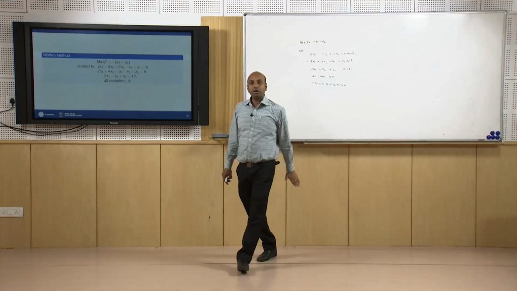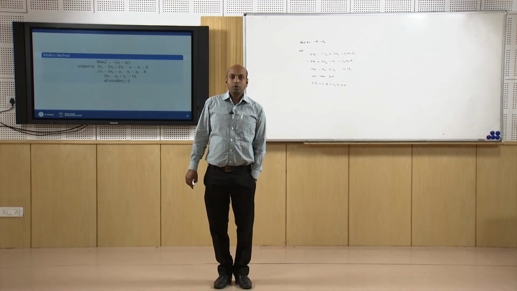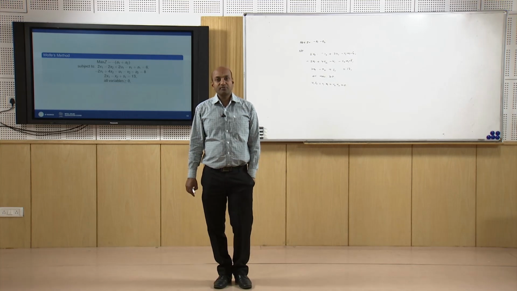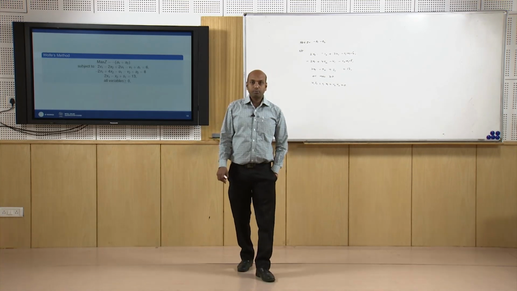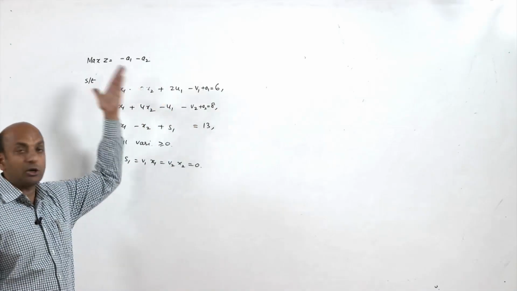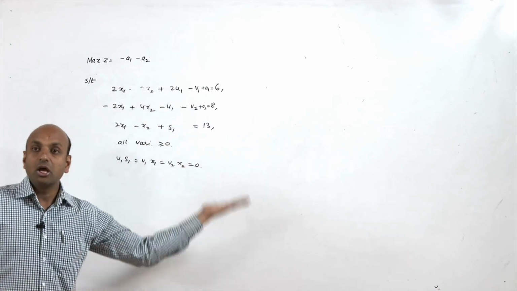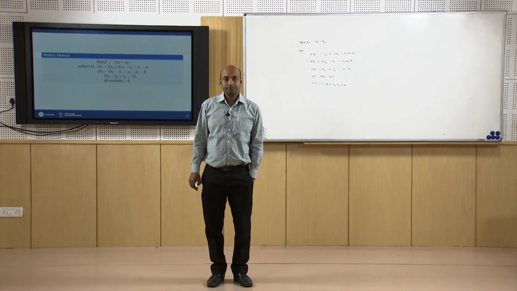If A1 or A2 is not 0, that means our problem is infeasible and has no solution, because we are not getting back to our original problem.